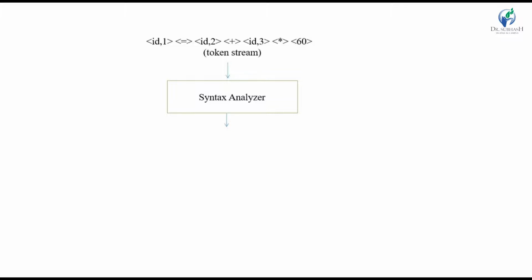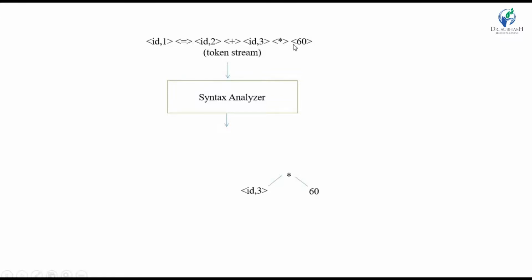The syntax tree is generated according to precedence. All of you know very well that the precedence of multiplication is higher than addition. Scanning of any expression is from left to right. So for generation of the syntax tree, first id 3 * 60 is executed, the multiplication of identifier 3 and 60.